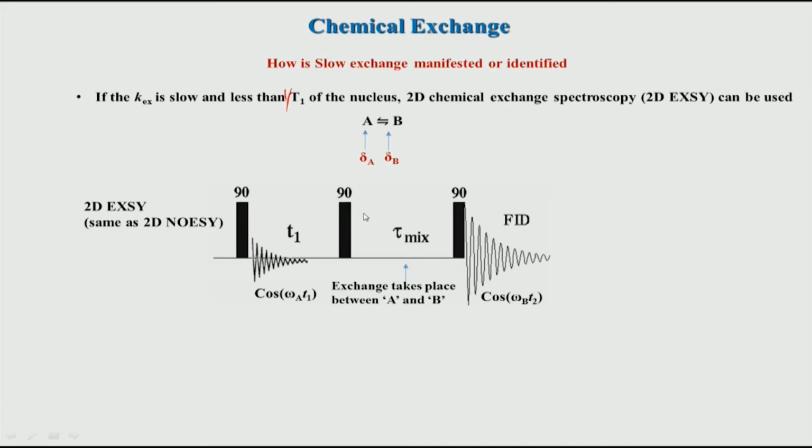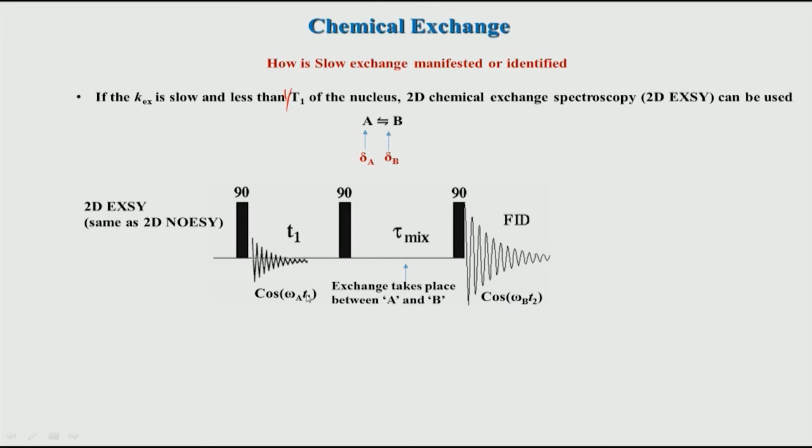So, during the mixing time, if the exchange is slow enough, it can exchange multiple times to B and vice versa. When it goes from A to B, and you detect the final magnetization, it is now B, because some population of A has exchanged to B during this time, and that B now evolves during the second dimension with the chemical shift of B.